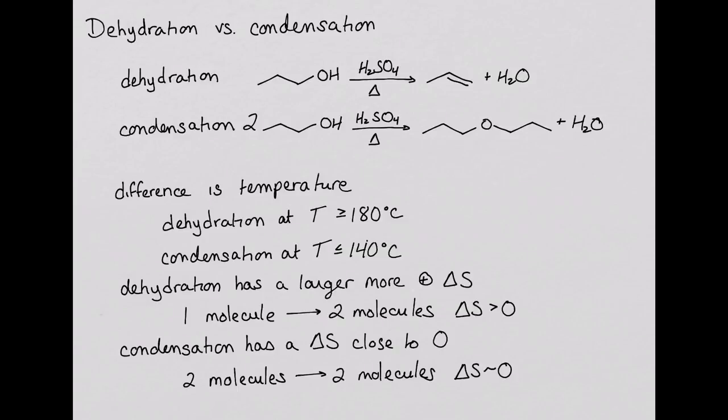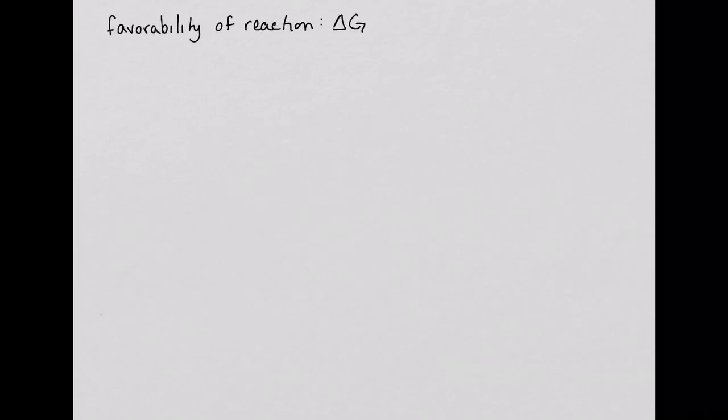Remember that when we're talking about the favorability of a reaction, in other words, whether dehydration or condensation is favored, we're talking about the change in Gibbs free energy. Remember that when delta G for a process is less than zero, the process is favorable and occurs spontaneously.